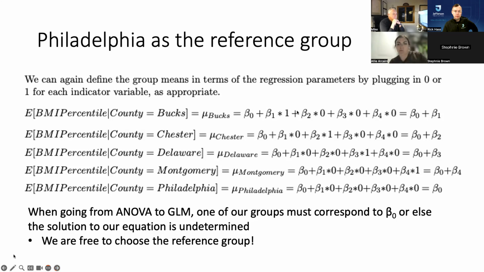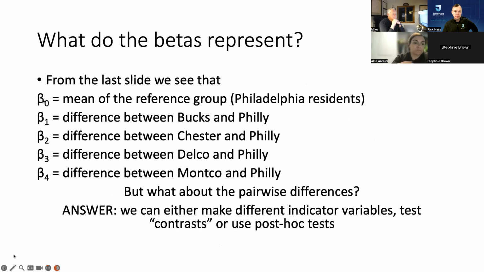Because the way that we've now encoded and reparameterized this problem, the intercept is the mean of the reference group. That will always be true, or the mean value of y when all the predictors are equal to 0. So that represents Philly residents.